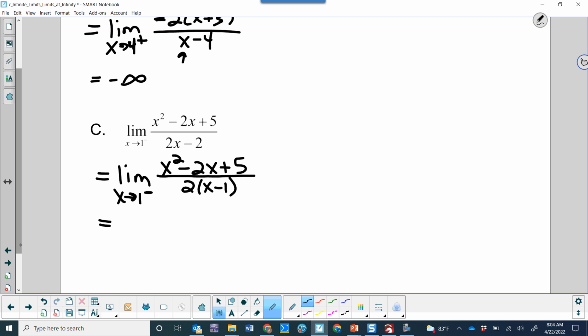So plug in a number slightly to the left of 1 and see what we get. On the bottom, it's very easy to see I'm going to get negative because you're going to plug in a number just a little bit less than 1, like 0.9, and 0.9 minus 1 is negative. So the bottom is negative. Then I have to figure out the top. Well, the way I look at it is you don't have to actually do all the arithmetic. I pick a number less than 1 and I square it.